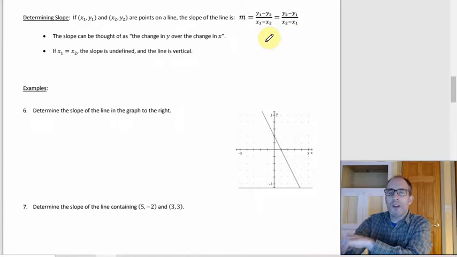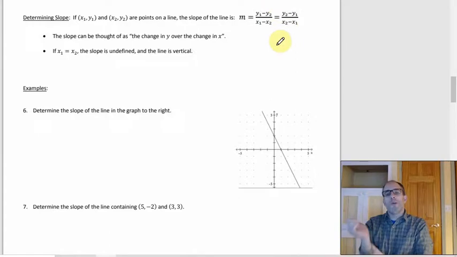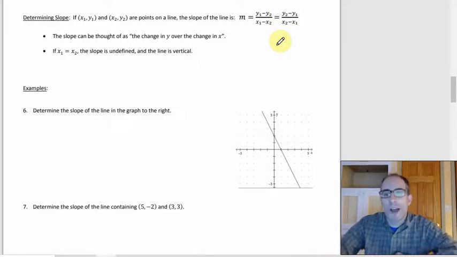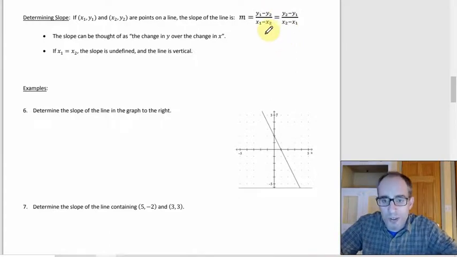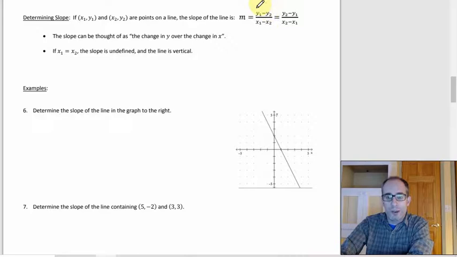The only thing that you have to watch out for is whatever order of subtraction you use on the top, you have to use the same one on the bottom. So you have to be consistent with that. So this first expression here, this first quotient, where it's y1 minus y2 over x1 minus x2, in the numerator, it's starting off with the y coordinate of the first point minus y coordinate of the second point. If you start with the first point up here, start with the first point down here.